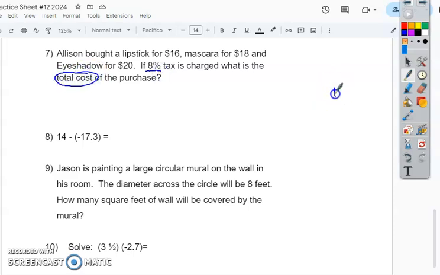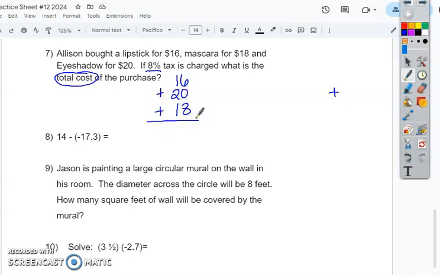So somewhere I have to add, but I cannot add until I find the tax, okay? So the first thing we do is we're going to add the items, right? 16, 18, I did that out of order, but that's okay.